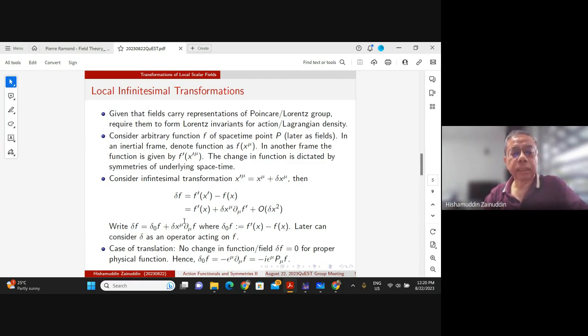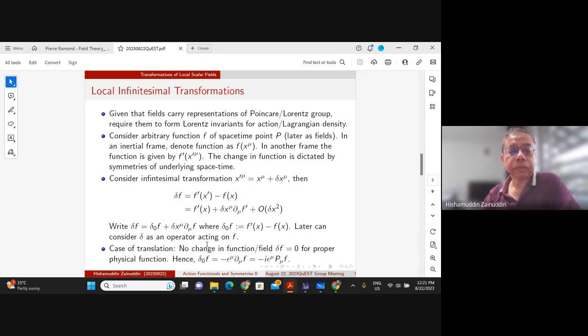Okay, and then you have the terms that depend on the derivative. And one can do this in general, and then one can even think of your delta here as expressed as an operator acting on the function. Okay, and then there will be another operator, delta naught, that tells you how the function will change. Okay, and then together with the derivative.